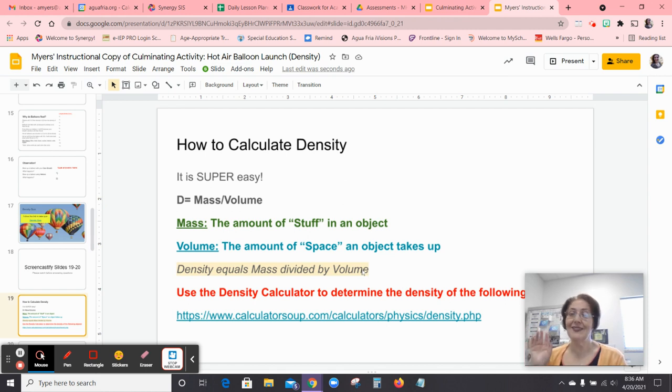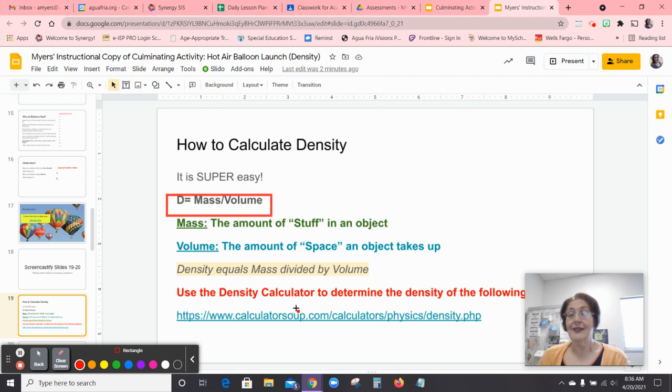Just so that you know, there is actually a special formula to calculate density. We use two things to help us figure out what density is. It's really super easy. So what is our formula? The formula is right here.